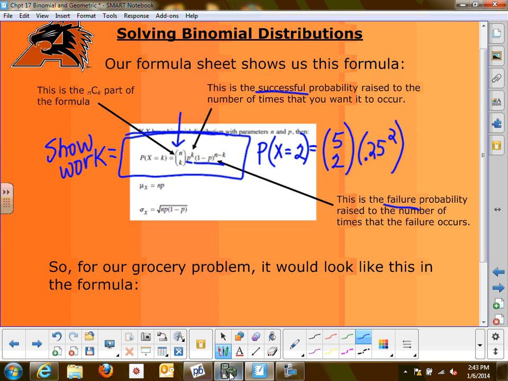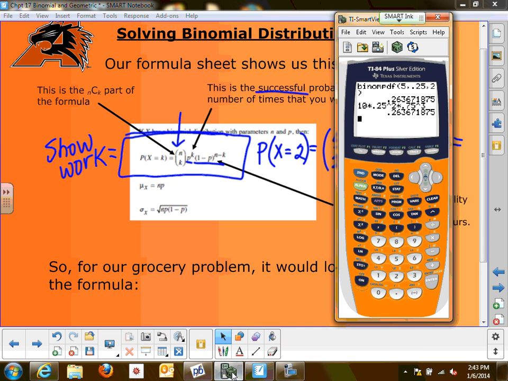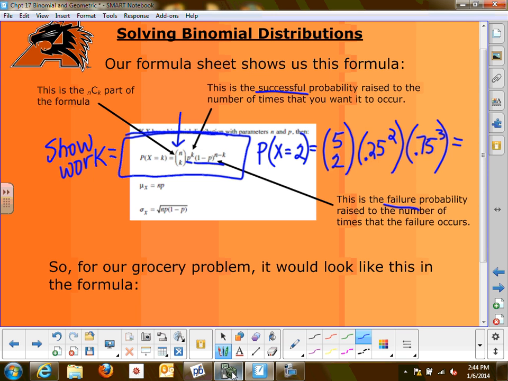So what's not going through the checkout? 0.75, and how many of those would I have? 3. Okay? Boom. That is showing your work, and then you go do this in your calculator, Binomial Pdf 5, 0.25, 2, and you get 26.3 whatever percent.